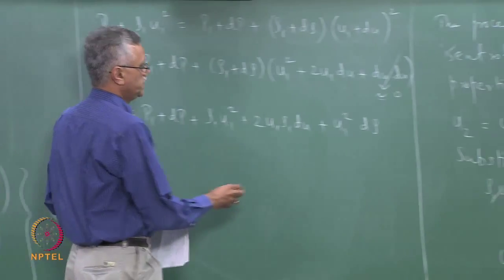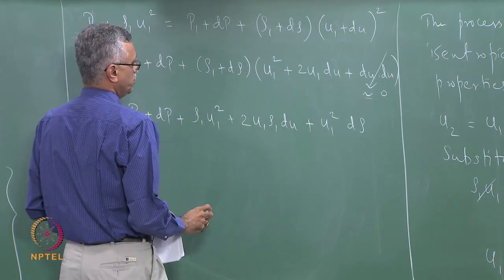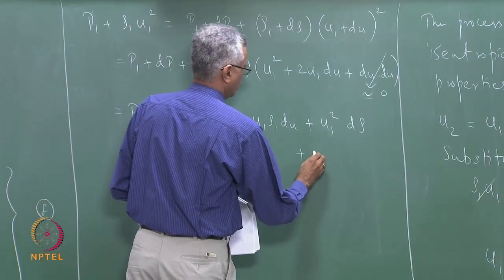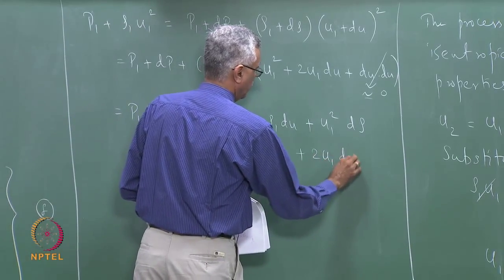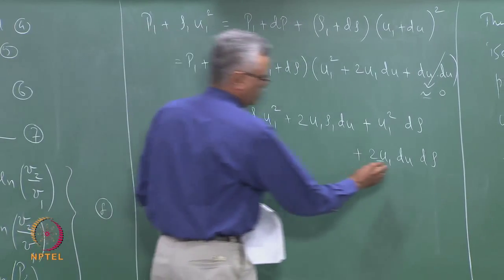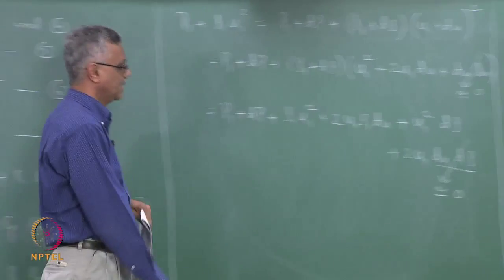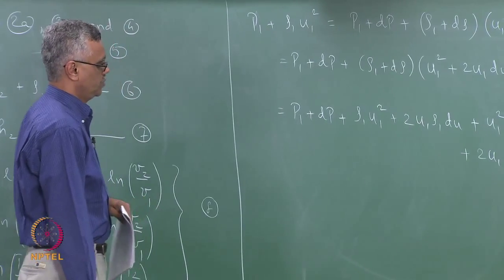And one more term which appears is this times this, which is going to give me plus 2 U1 du d rho, and once again, since it is a product of differentials, we neglect this and set it equal to 0.